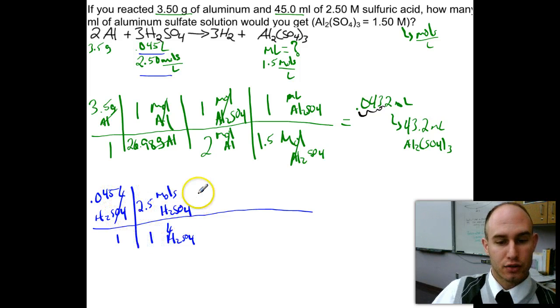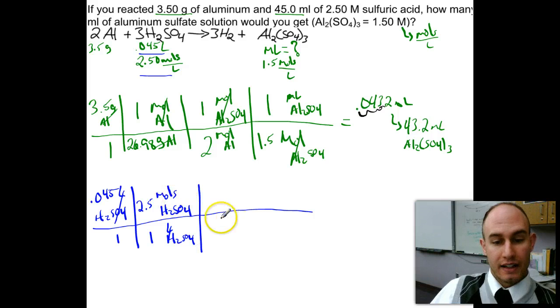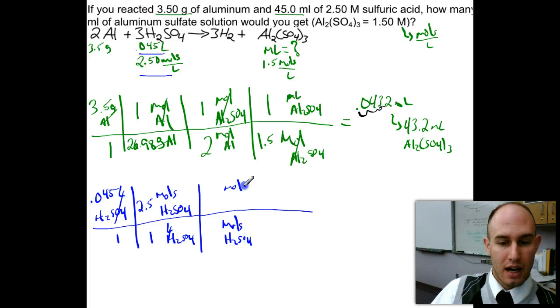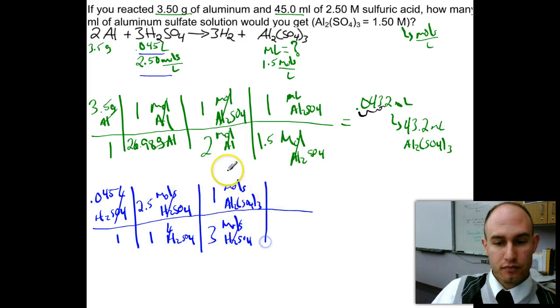Allows me to cancel liters. I can now bring down moles of H2SO4, and I'm going to moles of my aluminum sulfate, Al2SO4 3. Checking my mole ratio here, it is actually a 1:3 ratio. Cancel my moles.